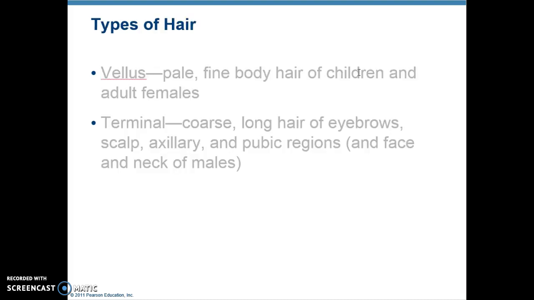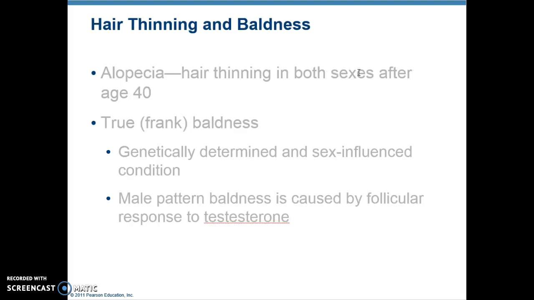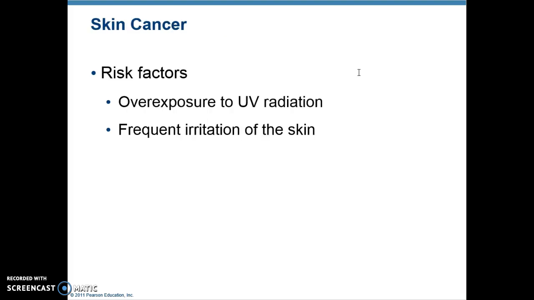And we'll leave it at that. Different types of hair I could honestly care less about, and you probably don't care either, so we're going to skip this. This is why it's gray. We also don't care about alopecia, which is spot baldness versus true or frank baldness or male pattern baldness, whatever it's baldness.